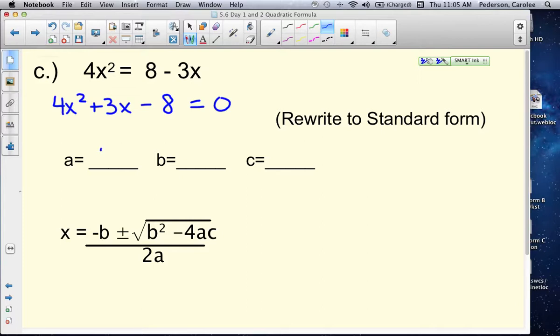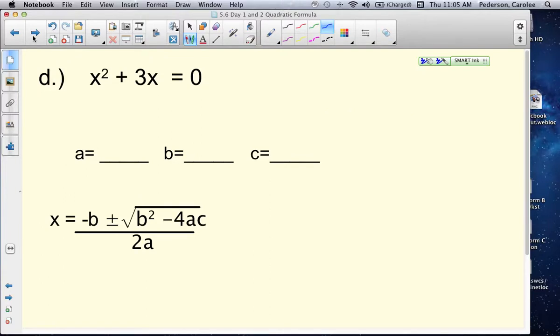Then we identify the A, B, and C, and then we would substitute it into the quadratic formula. I'm going to skip that part since we've just done two examples very similar to that. If you want to finish the problem, you're welcome to do so and plug it in and find the two solutions.